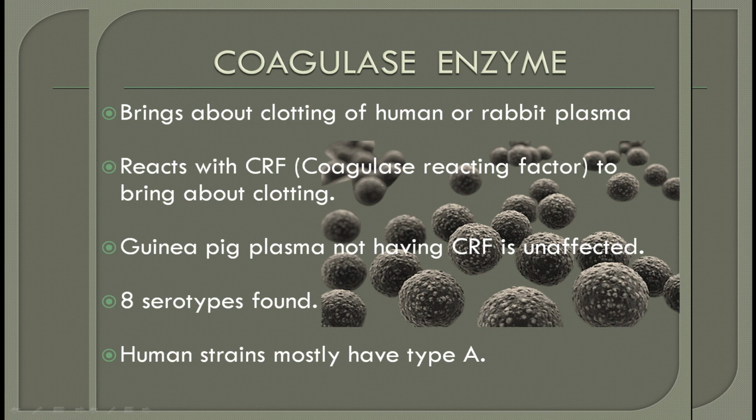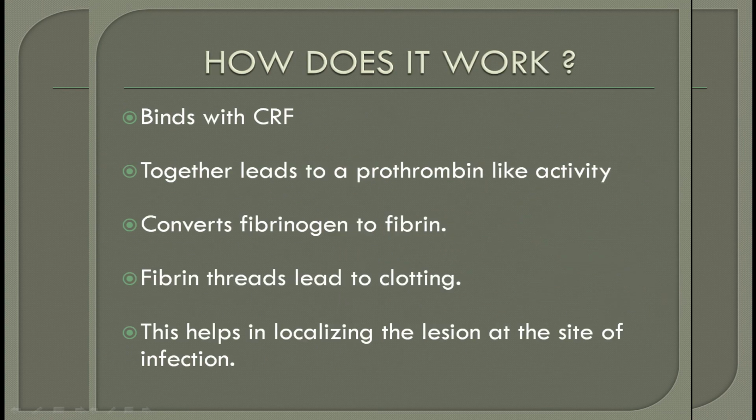Coagulase enzyme has 8 serotypes, and the human strains of Staphylococcus mostly have type A coagulase enzyme. This is just bland facts, so there is not much to explain. However, what there is to explain is how this coagulase enzyme works.